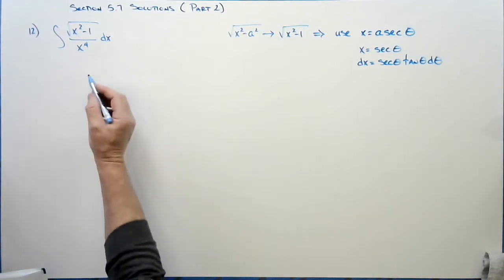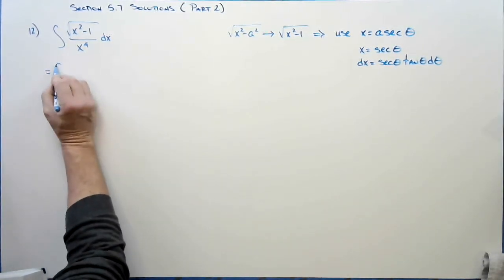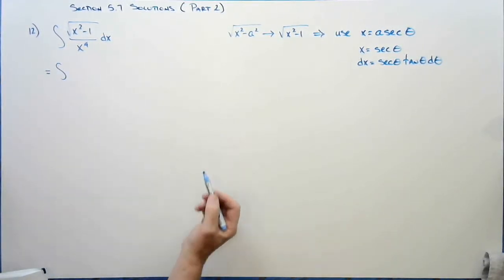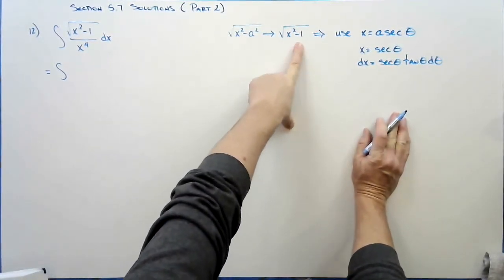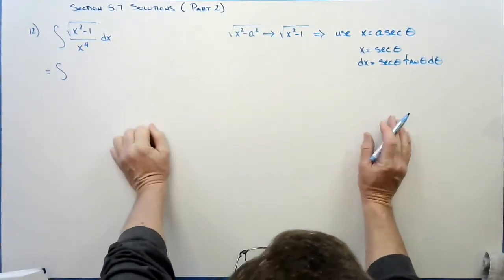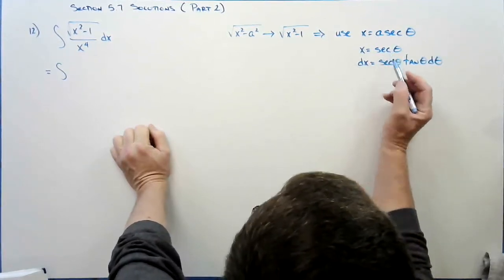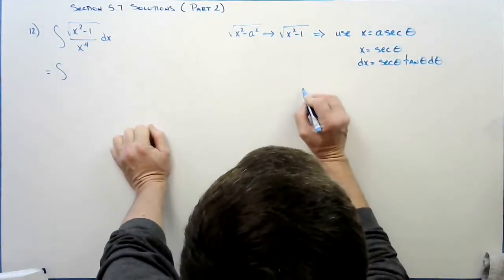So this is a trig sub. So we come over here, we integrate now. We have to figure out what the square root of x squared minus 1 is going to turn into if indeed x is secant of theta. So we're going to do our arithmetic here.